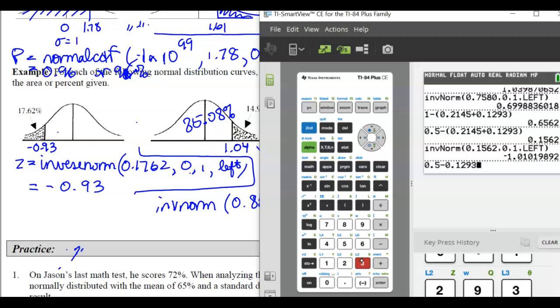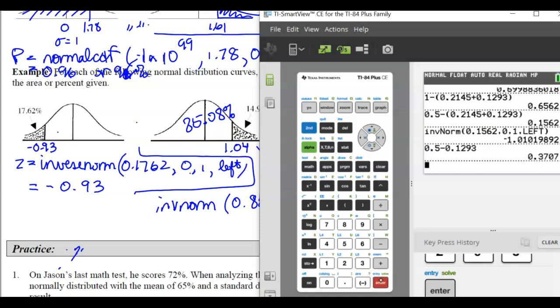If it's a written response, you show inverse norm from norm CDF and what values you're putting in. So 0.370701.